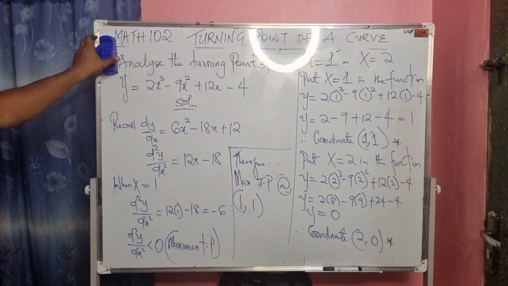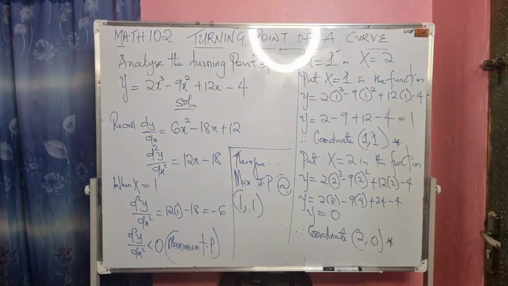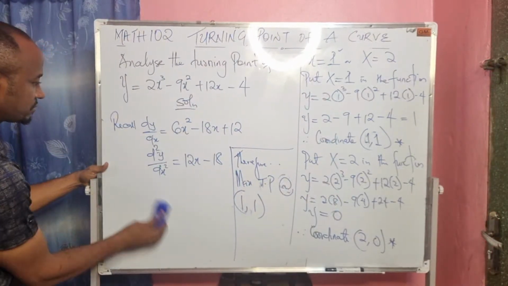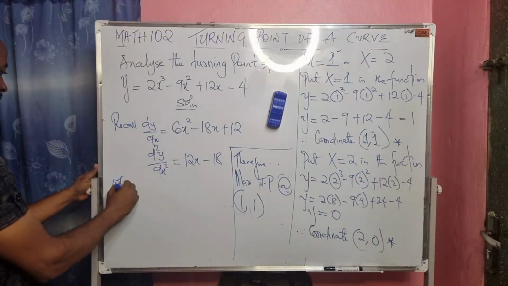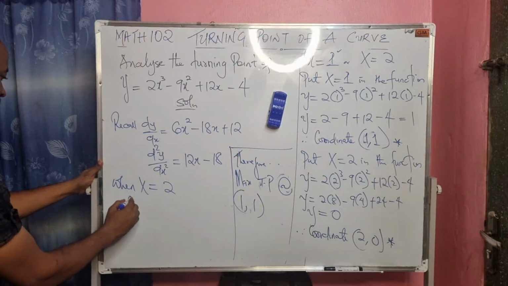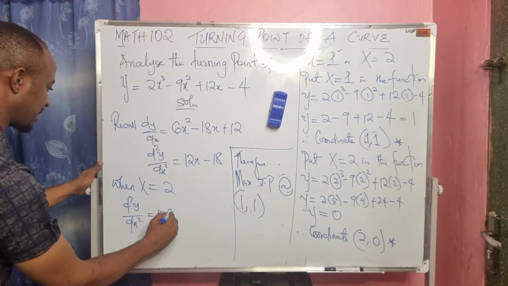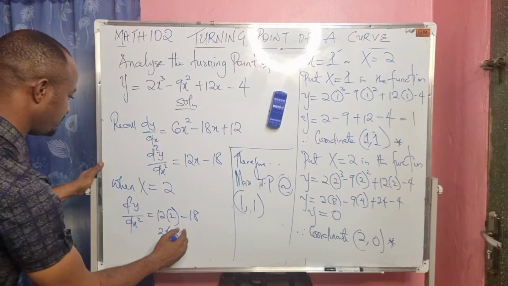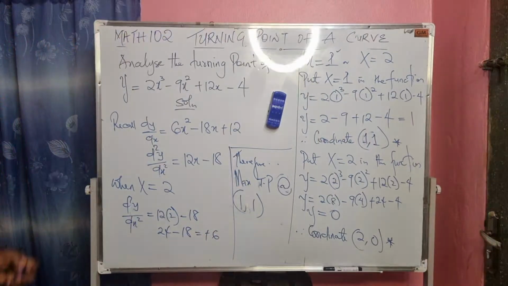Now, the next is to verify this. Let's verify when x is 2. When x equals 2, that will give us our d2y over dx squared equal to 12 times 2 minus 18. This will give us 24 minus 18, which is plus 6, right?